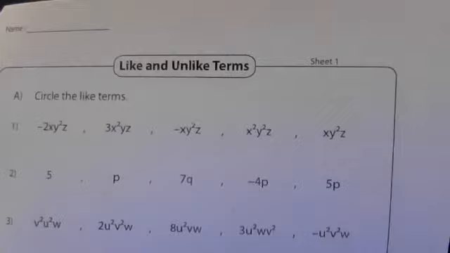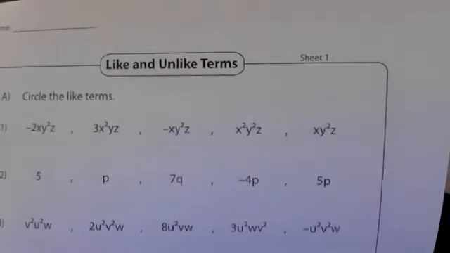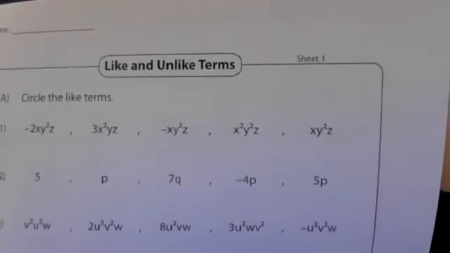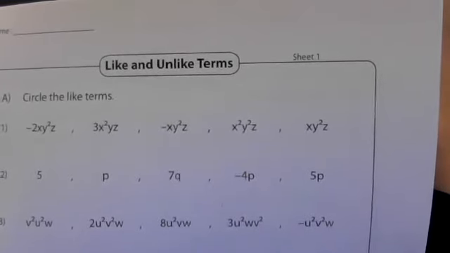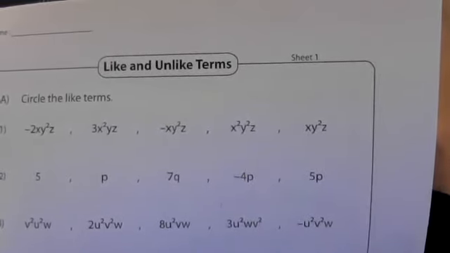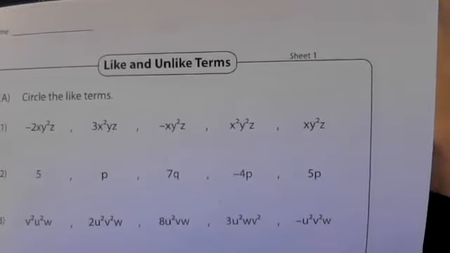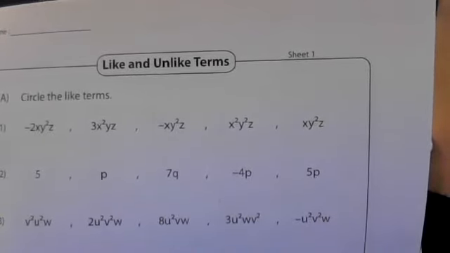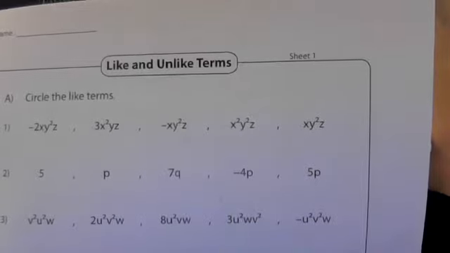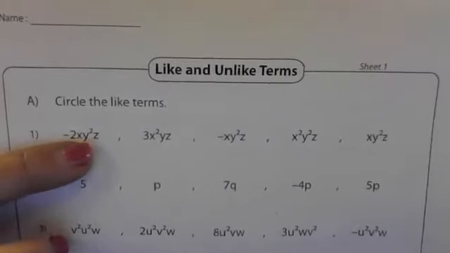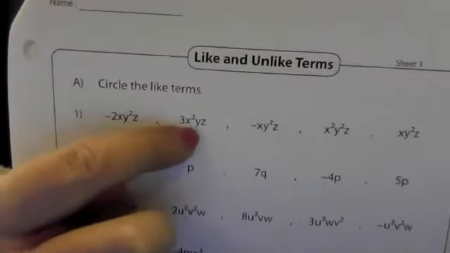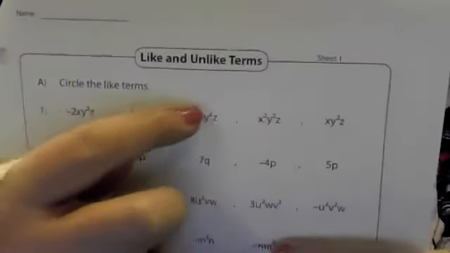It's a little bit confusing because it all has X, Y, Z's, but you must be very, very careful because the squareds are on different things all the way through. So I see the X, Y squared Z. Compare it with the next one. The X is squared here, so that's not a common term.